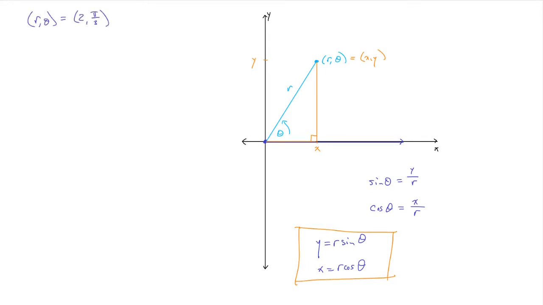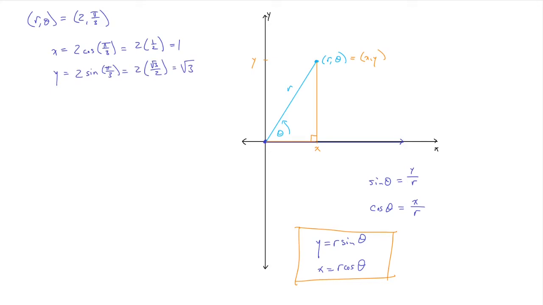For example, suppose we want to convert the polar coordinate point (2, pi over 3) into rectangular or Cartesian coordinates. We know that x is equal to r times the cosine of theta, so that's 2 times the cosine of pi over 3, and the cosine of pi over 3 is a half, and so x is equal to 1.